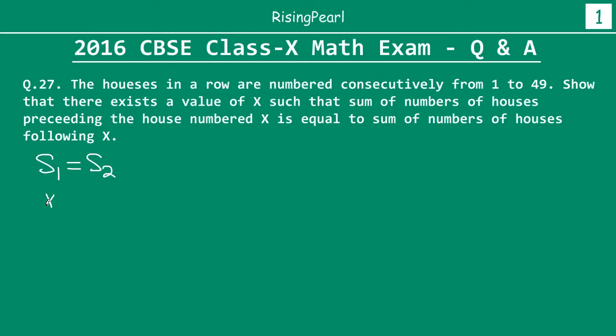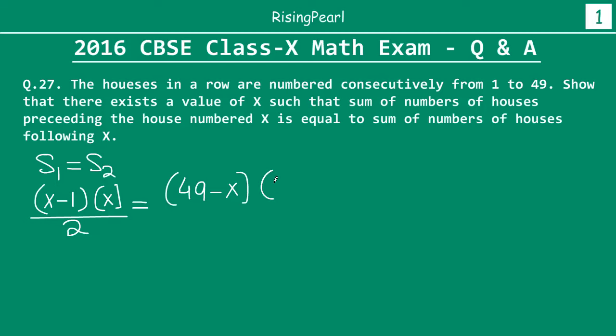S1 will be x minus 1 times x divided by 2, and S2 is 49 minus x times x plus 50 divided by 2. So 2 and 2 will cancel out, and now we are going to solve for x and see if x has any value between 1 and 49, right?